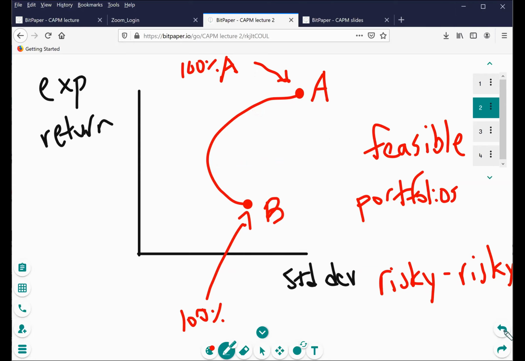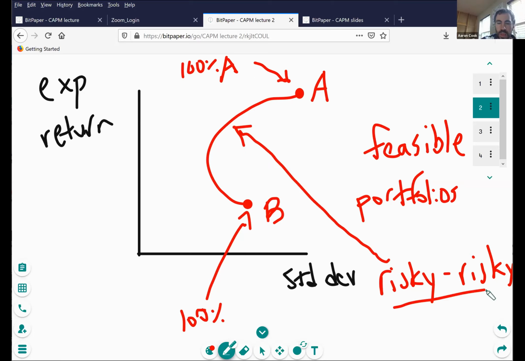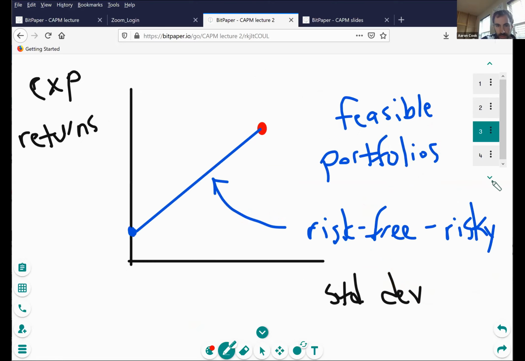So that red line represents the combination of risky and risky. This line between the blue dot in the southwest corner and the red dot in the northeast corner, that's the feasible portfolios when you combine the risk-free with the risky asset.